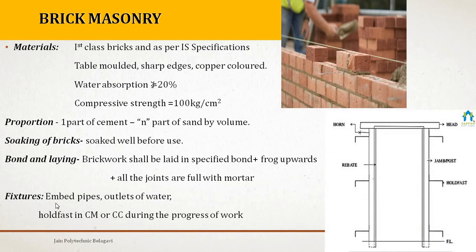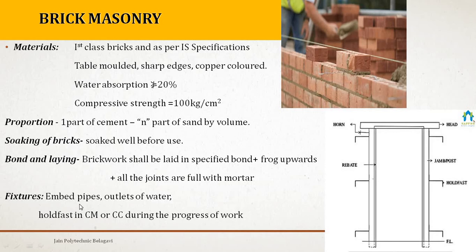Now coming to the fixtures, specifications for the fixtures in brick masonry. It is said embed pipes. Embed pipes in the sense, say consider sanitary pipelines are coming out, outlet pipes or inlet pipes for water supply. So these pipes are going to pass through the walls.